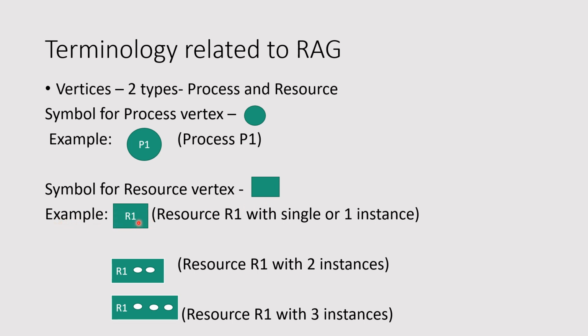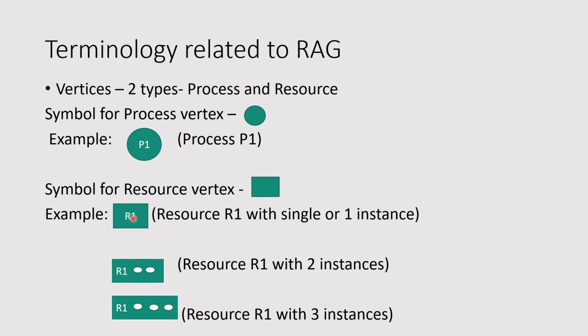So this R1 box does not have any circle in it or any dot, so it is representing one instance or single instance resource. While in these two examples, this resource is having two instances and this resource is having three instances. For example, say we have two printers installed in our system, so that will be the two instances of the resource.